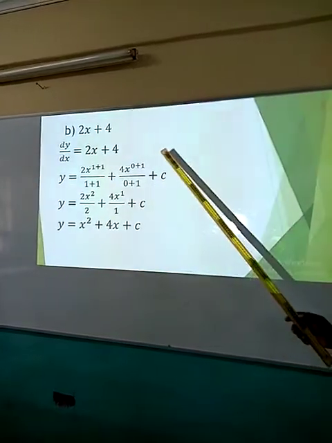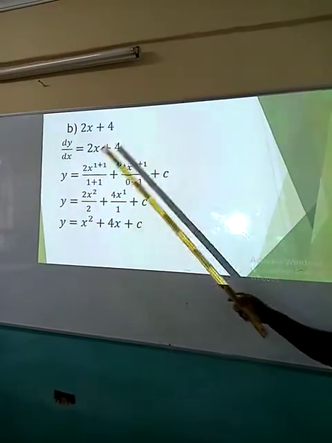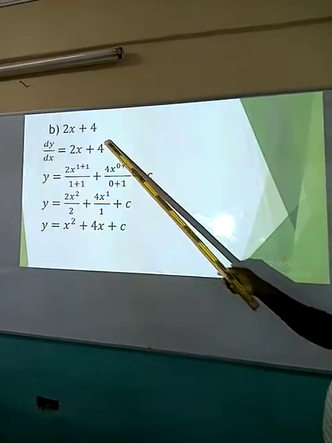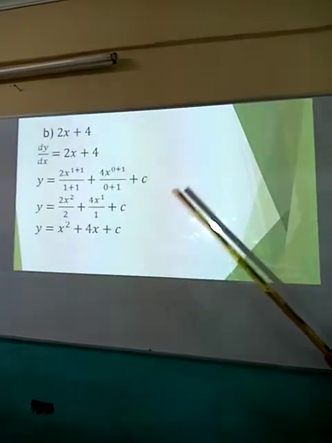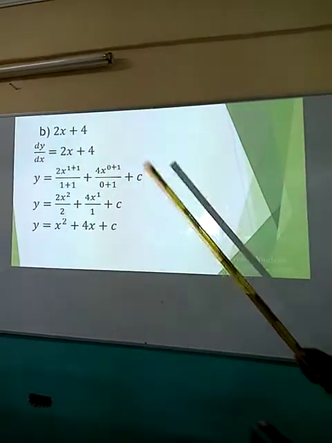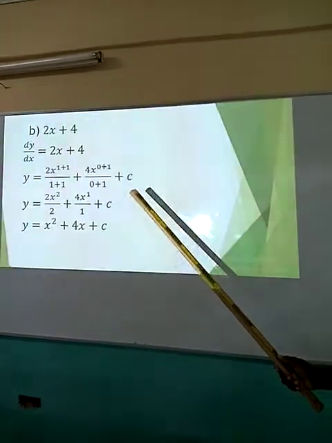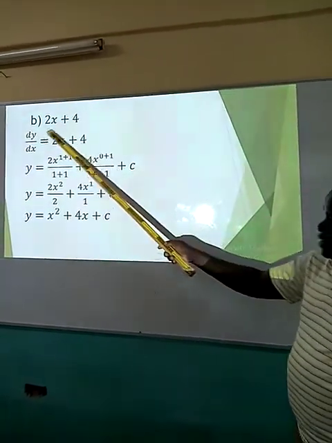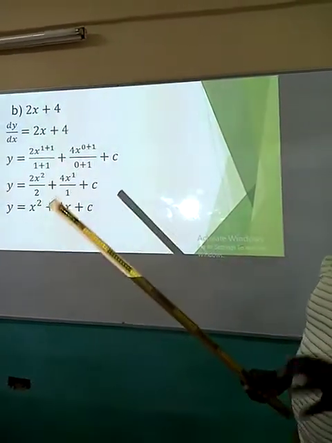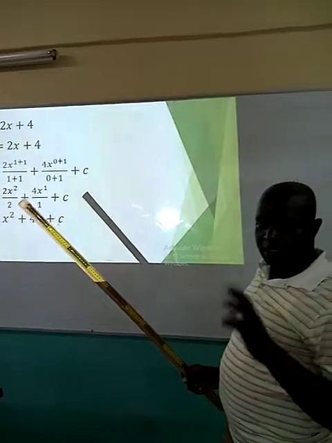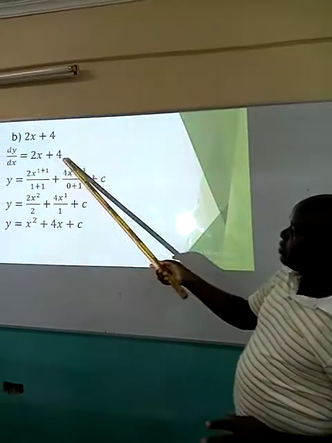Particularly now when we talk about gradient of curves, it is changing from point to point. So if we have a gradient function of 2x + 4, it means the function could have been a curve. So where was the function? We now integrate. But remember, I said some functions will have more than one term. This one has 2 terms.